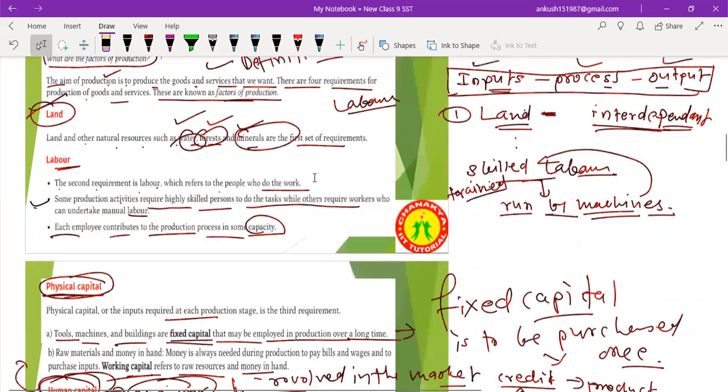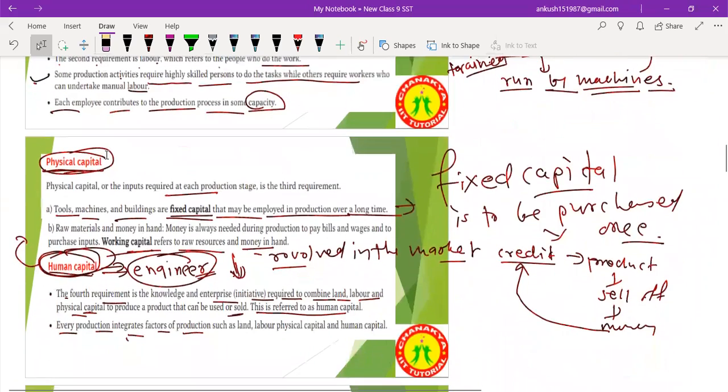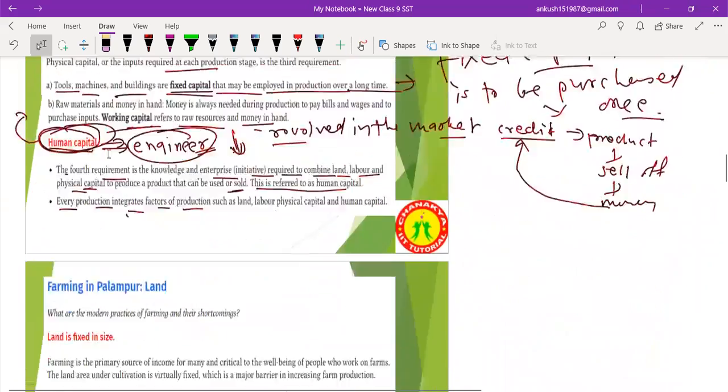So these factors were land, labor, physical asset or capital, and the last one was human capital, where it is very important to have the involvement of human beings in the process of making prosperity or getting development.